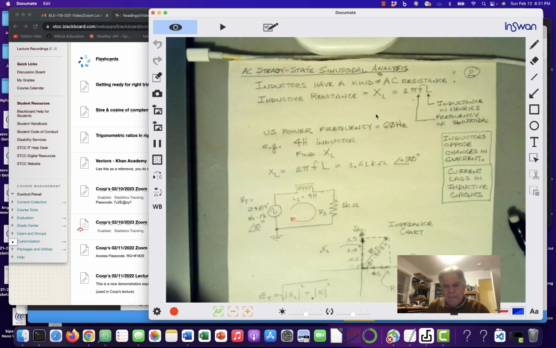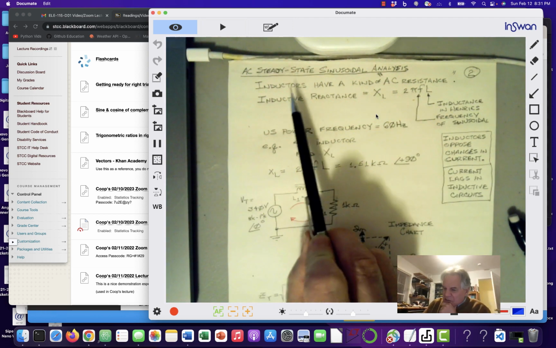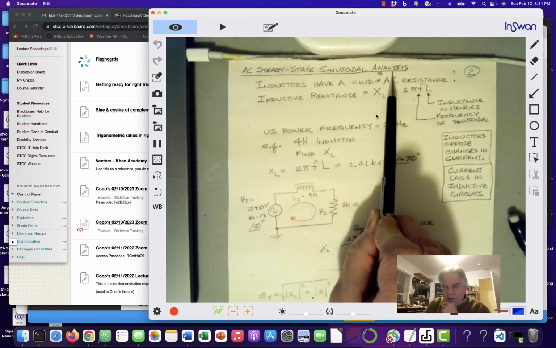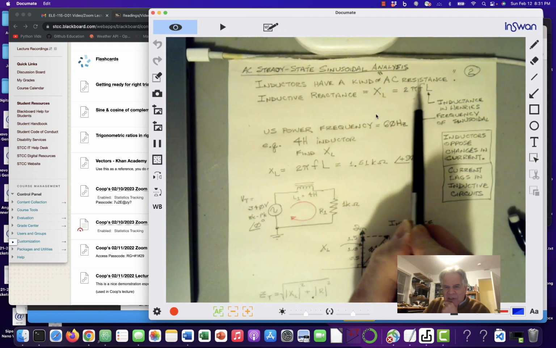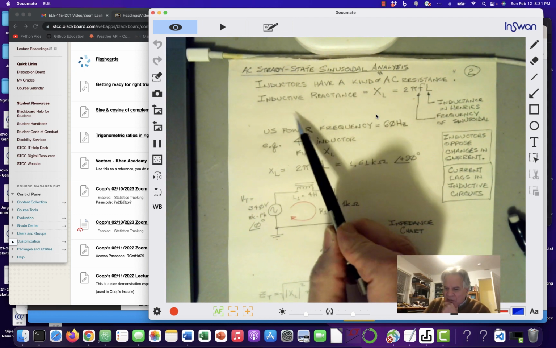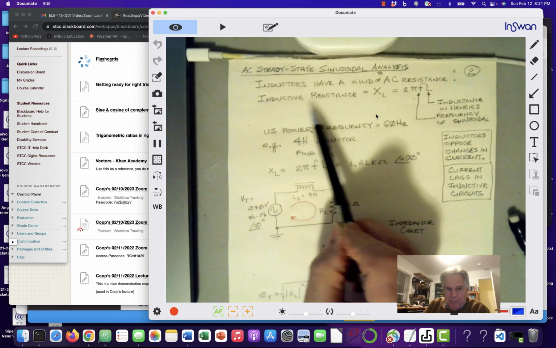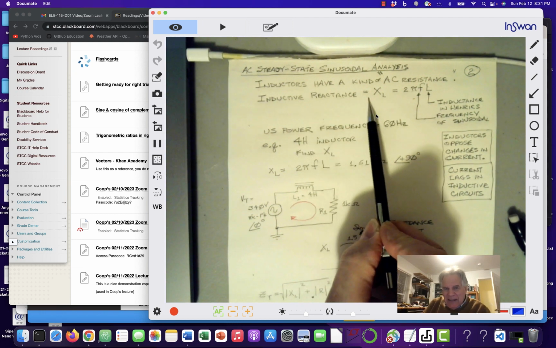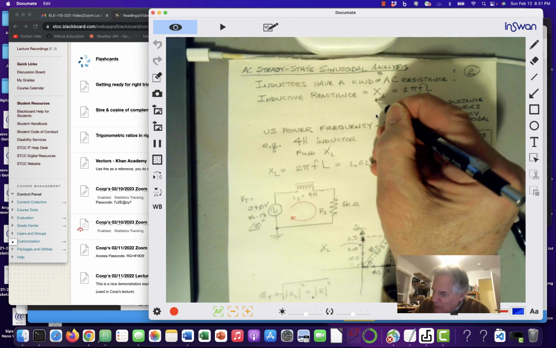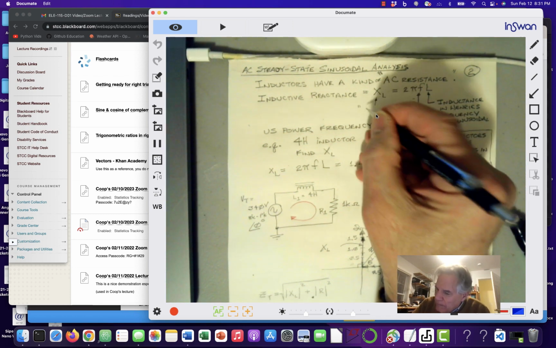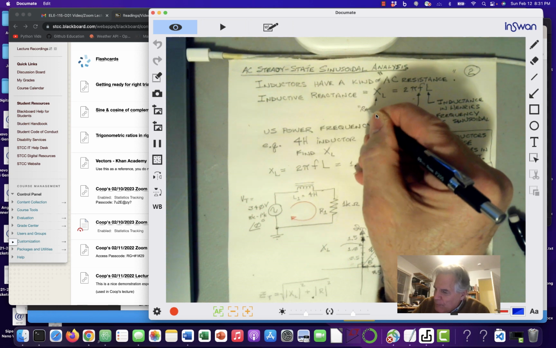Okay. So in AC steady state sinusoidal analysis, inductors have a kind of AC resistance. We call it inductive reactance. Instead of resistance, this is called reactance.